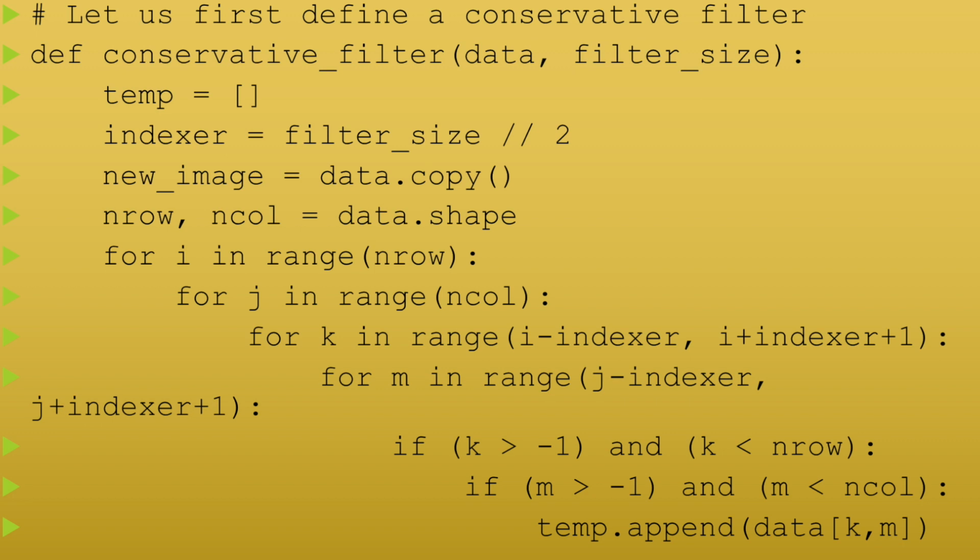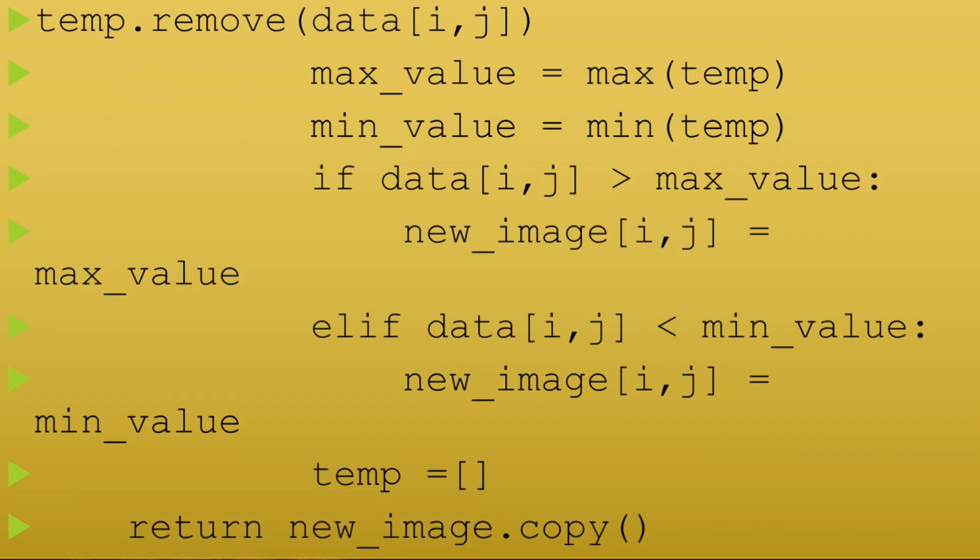So new image is data.copy. This copy command is very useful. If you want to keep the original data, you can store it using the copy command, data.copy. Then the number of rows and number of columns can be taken by data.shape. The data is your image, so image.shape gives you the shape of the image, the number of rows and number of columns. Then we will run two loops, one for the number of rows, another for the number of columns.